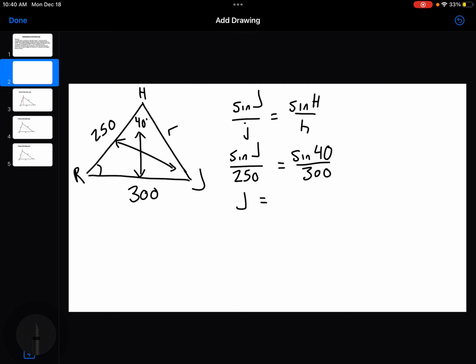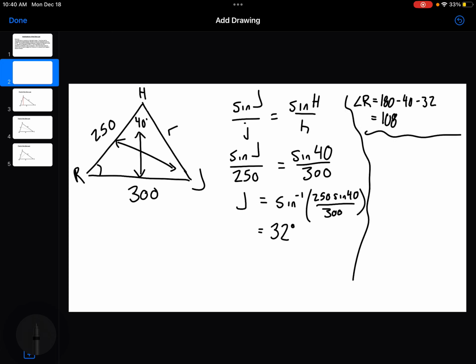We get J equals the sine inverse of 250 sine 40 all over 300. J is going to be equal to, we'll call it 32 degrees. Now we can find angle R. Angle R is going to be 180 minus 40 minus 32, which gives us 108.